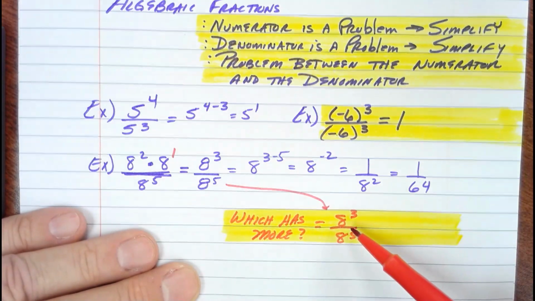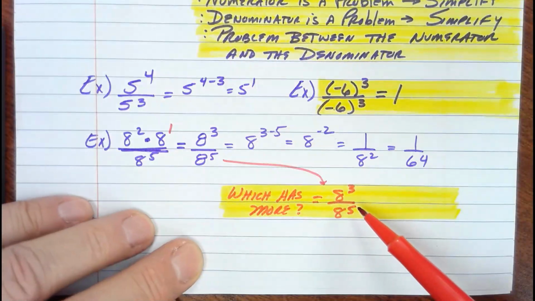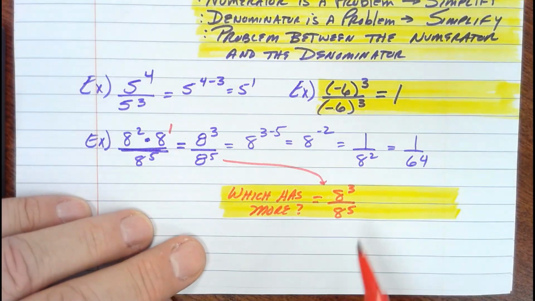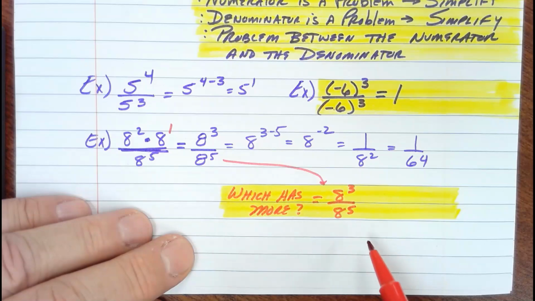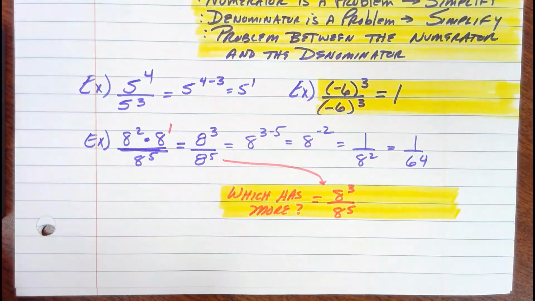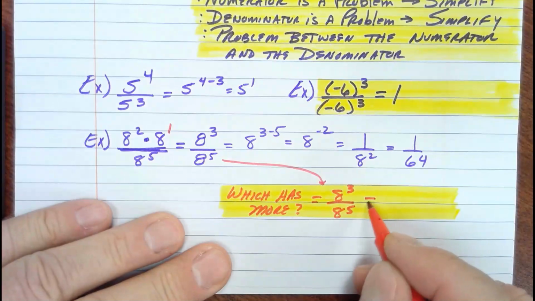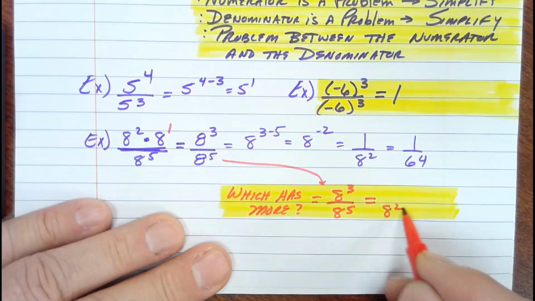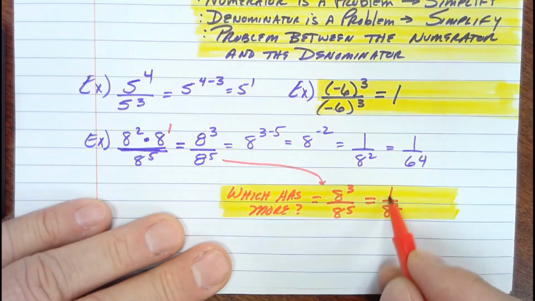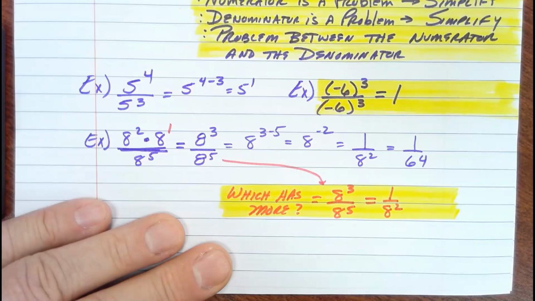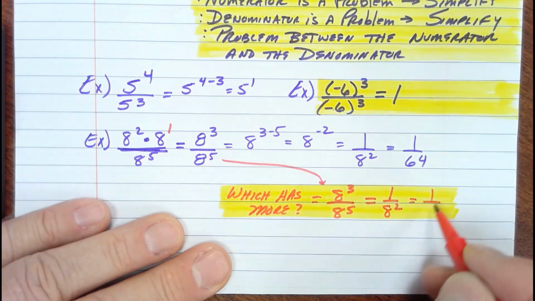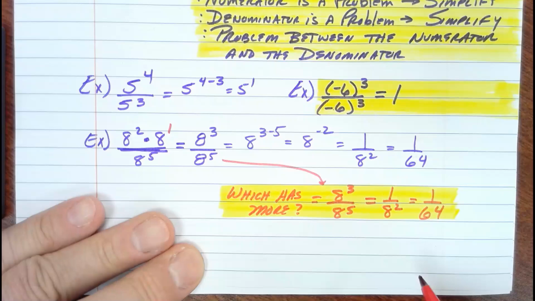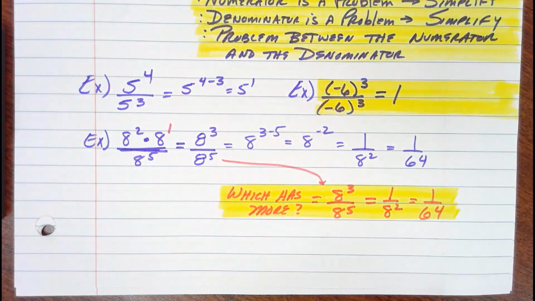There are 3 factors of 8 in the numerator, 8 times 8 times 8. And there are 5 in the denominator, 8 times 8 times 8 times 8 times 8. There are obviously more in the denominator. How many more? 2 more. They cancel out with 3 of those in the numerator, and my answer is 1 over 64. Okay?